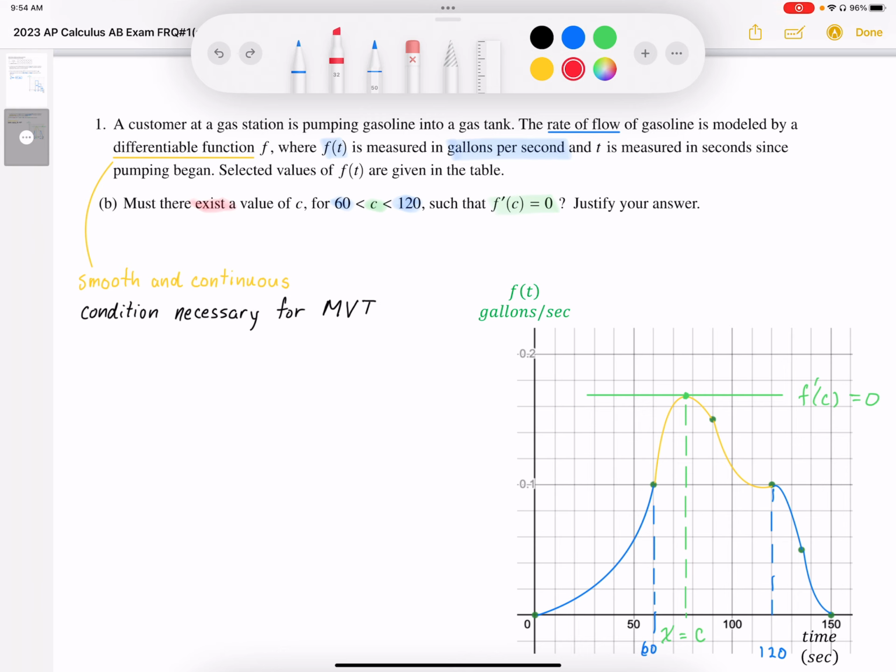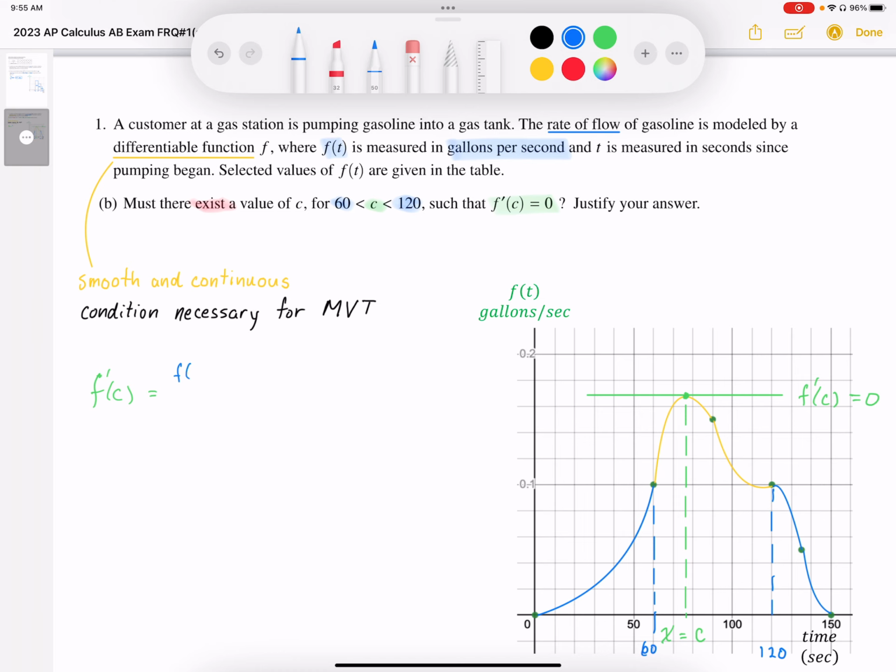And if this is smooth and continuous, we can say that the average slope between the endpoints 60 and 120 must exist in that interval. So this is what we're going to do then. We're going to say that f prime at c is going to be equal to, since we've established the conditions of the mean value theorem, we're just going to find the average slope between the endpoints.